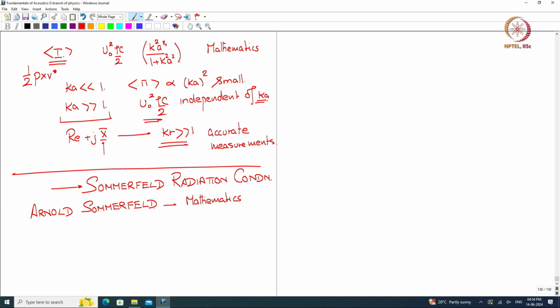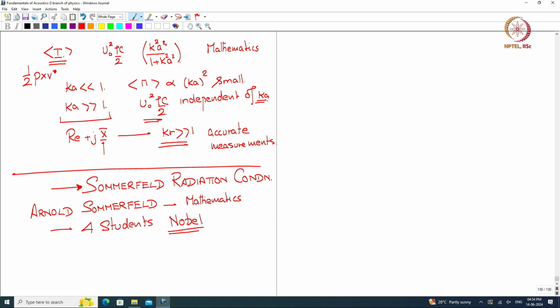So I thought there is one condition that is named after a mathematician or a physicist, and I looked up his biography. Amongst all his accomplishments, I found that 4 of his students were Nobel laureates. He did not get a Nobel Prize, but 4 of his students were Nobel laureates. I thought I would just mention it as a matter of interest.